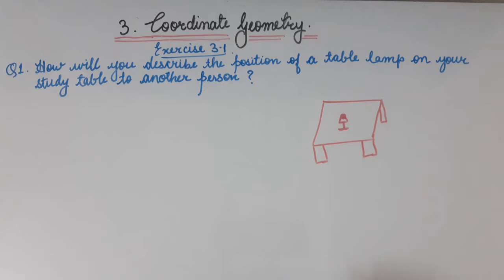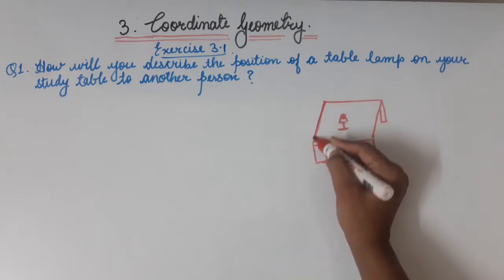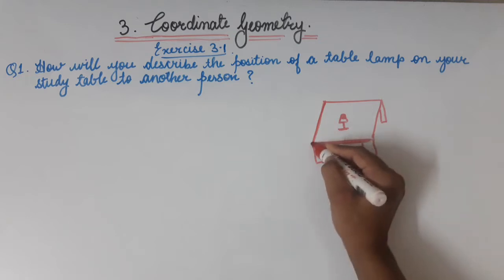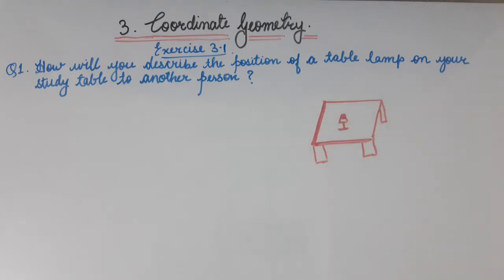So to describe its position, we need two references like x and y-axis. So take any two adjacent edges and take them as reference. So let us say we are taking these two edges as our reference, x and y.